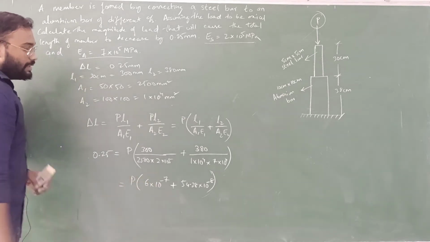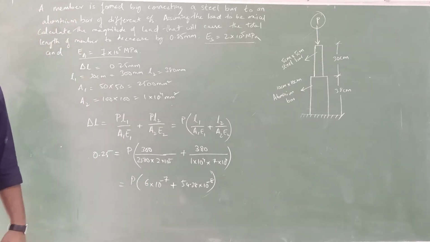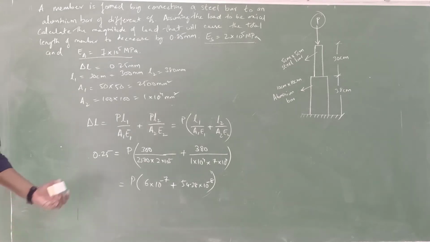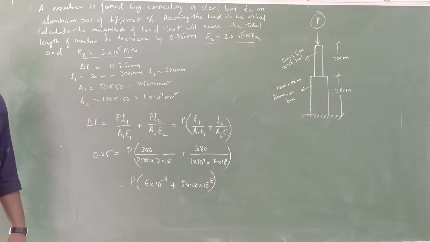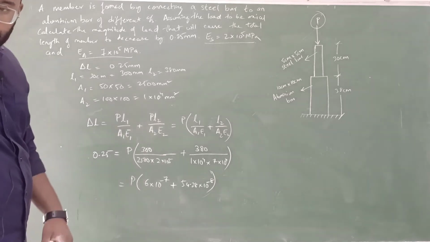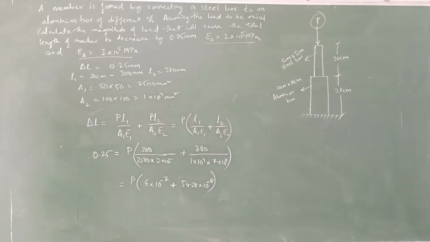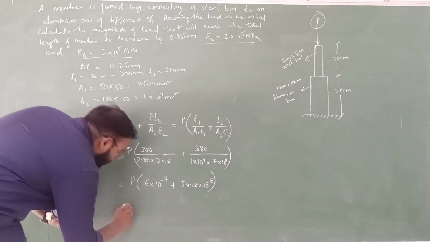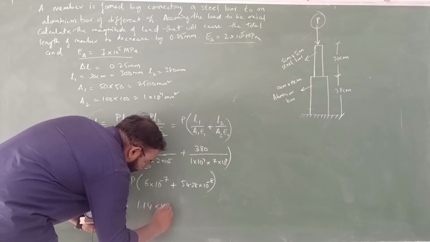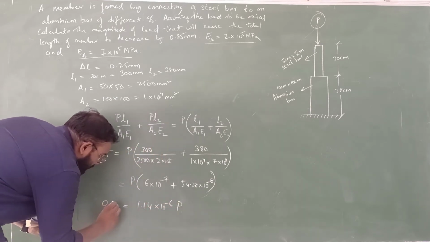Okay, now add these two. 6 × 10⁻⁷ plus 54.28 × 10⁻⁸ gives 1.14 × 10⁻⁶ times P, which is equal to 0.25.